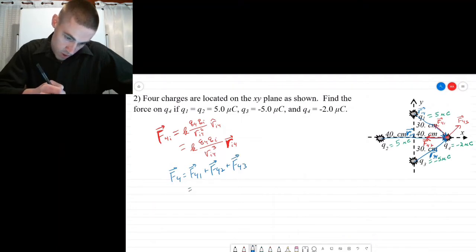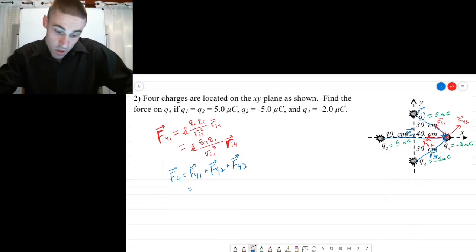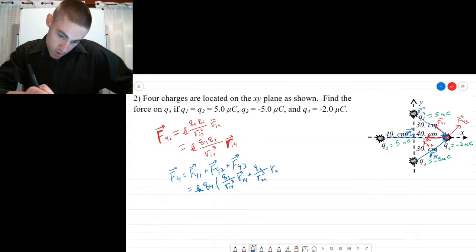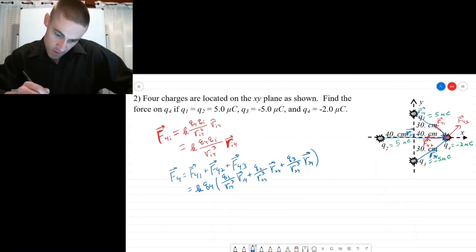Okay, so each one of these is going to pick up a factor of kQ4, so I'm just going to pull that right out from the beginning. k times Q4, and we'll have Q1 over r14 to the third, r14 vector, plus Q2 over r24 to the third, r24 vector, plus Q3 over r34 to the third, r34 vector. All right, so let's just look at the lengths of here.